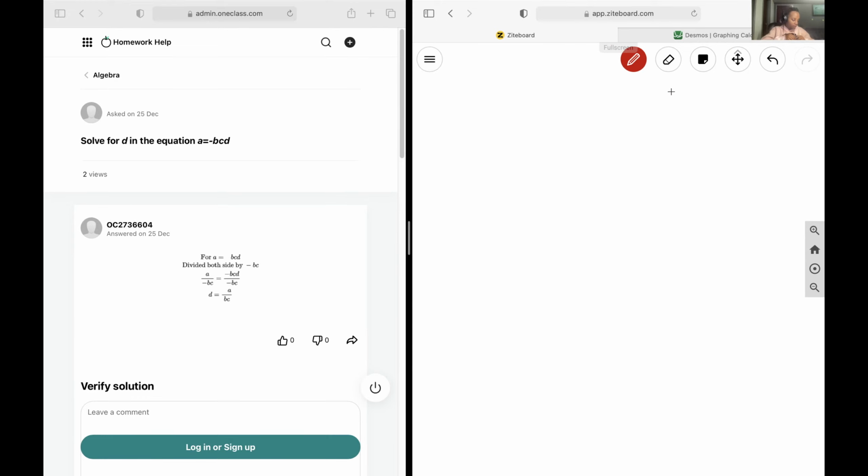Okay, next up, we'd like to solve for d in the equation a is equal to negative bcd. So first off, let's divide out that negative 1.